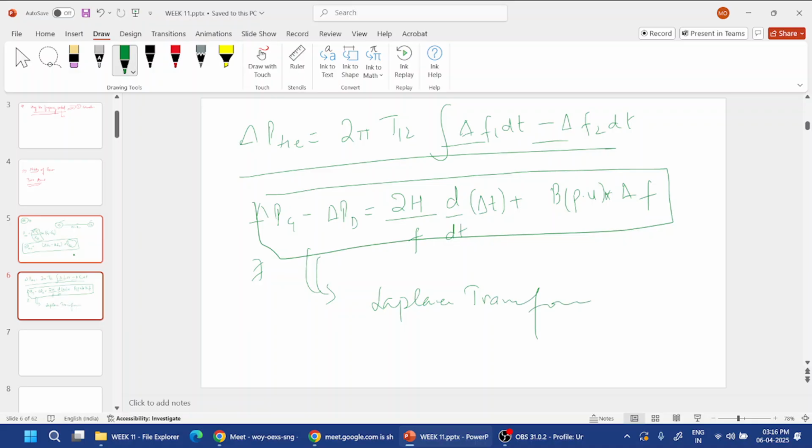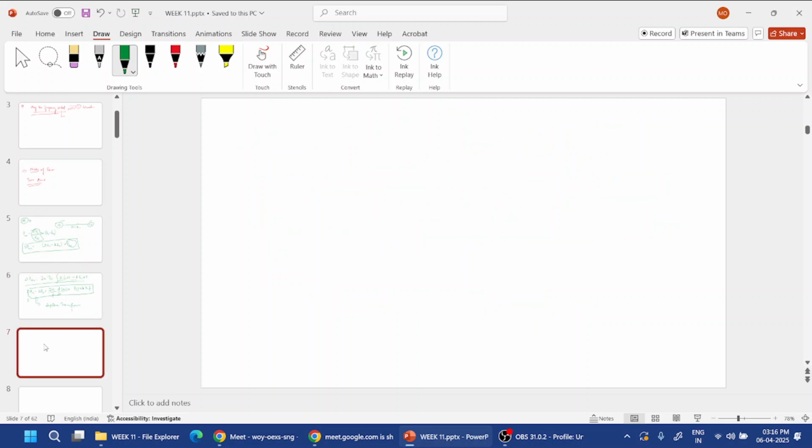If we convert this equation by using the Laplace transformation, as we did quite clearly in the last class, we achieve a block diagram, which I will draw here. You can go through the notes which I have already shared with you.